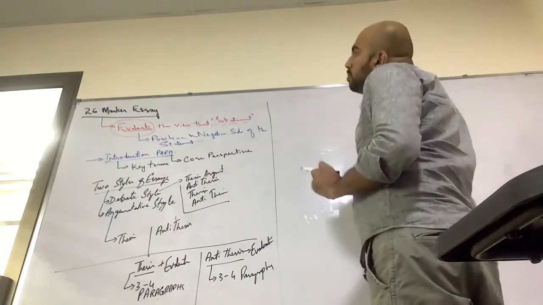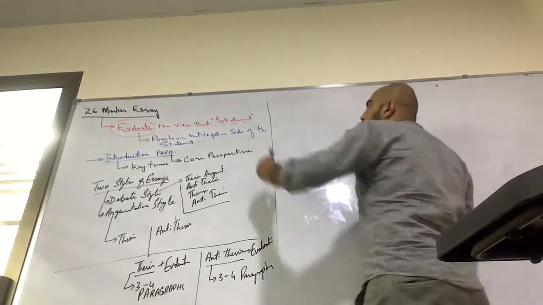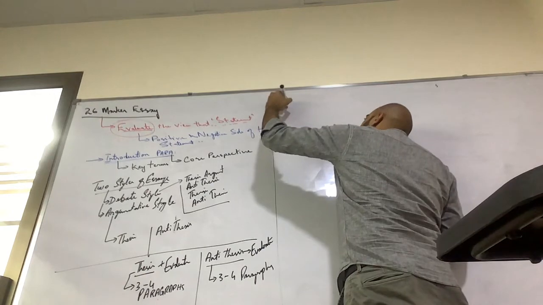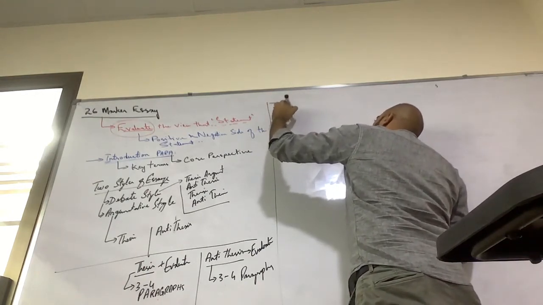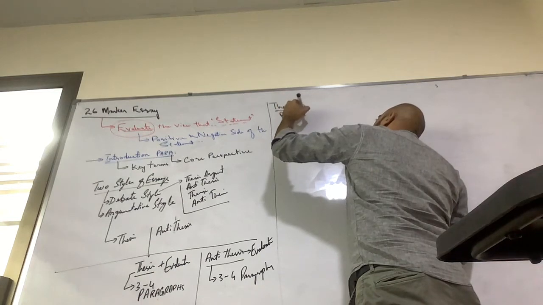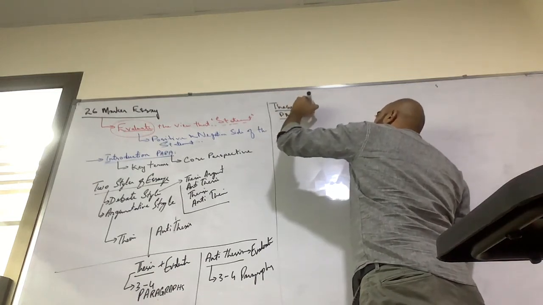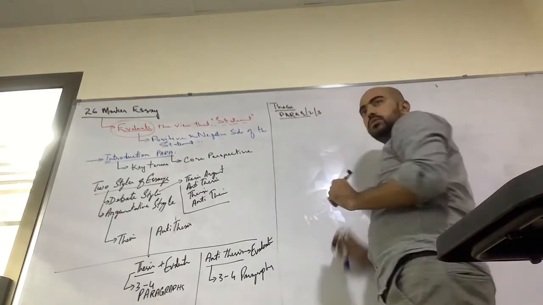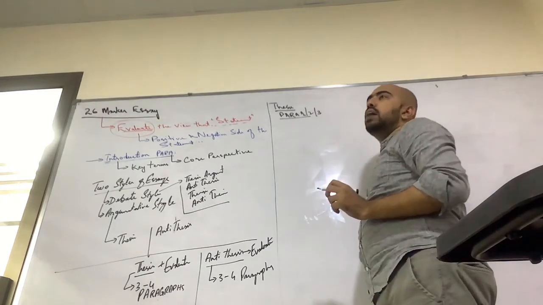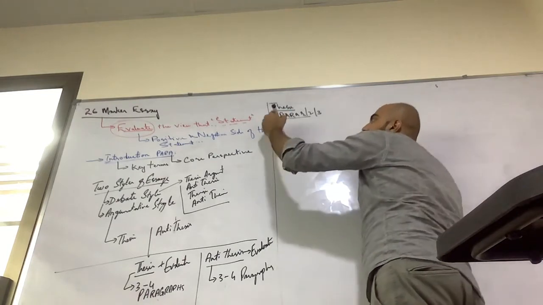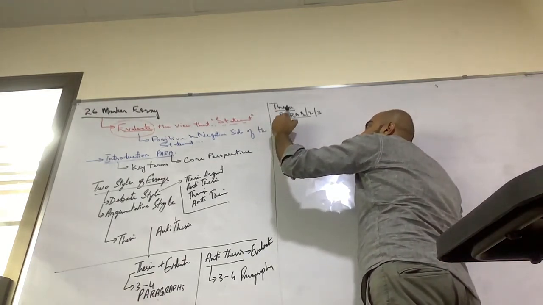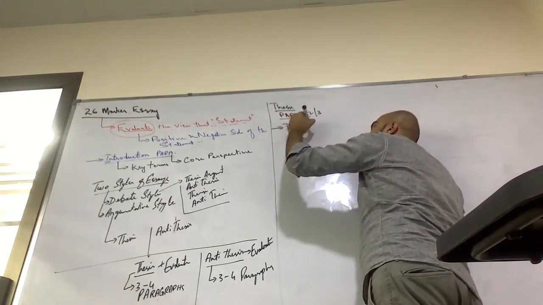So, if we move forward, let's suppose here is all about thesis, paragraph 1 or 2 or 3. We will have a similar structure. First, we are going to introduce our argument.